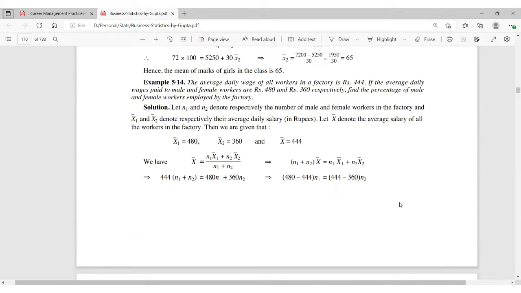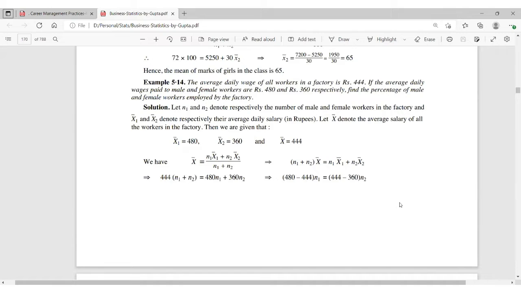So, this example. The average daily wage of all workers in a factory is rupees 444. If the average daily wages paid to male and female workers are this respectively, find the percentage of male and female workers employed by the factory. So in a factory, male and female are working, right?